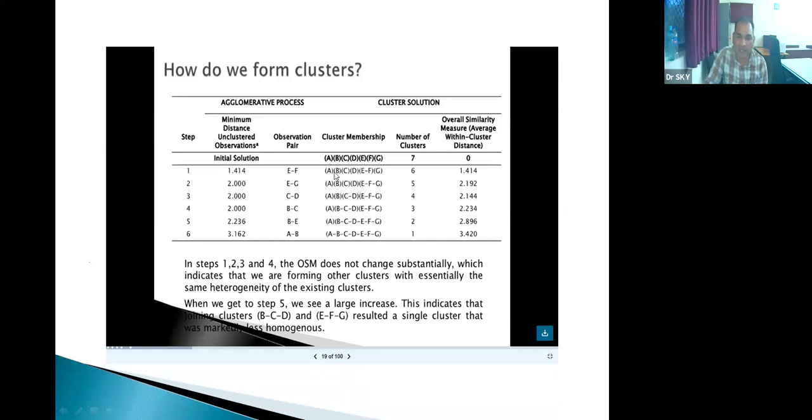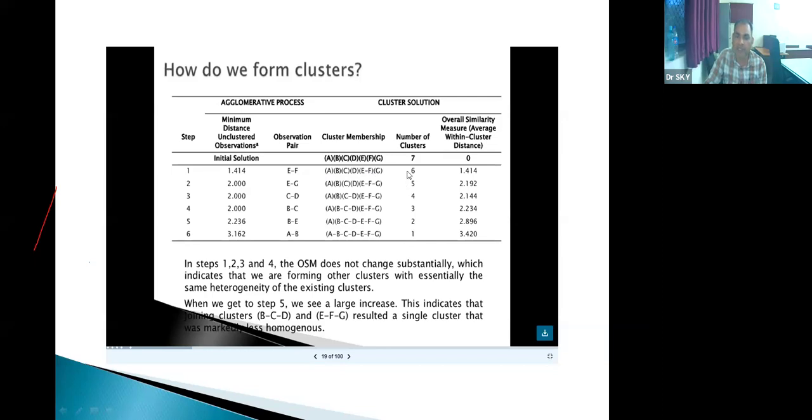So here we can add at the next step that this EF, we have added it at first. Then we can add another cluster having the distance very close to this one, this 1.4, that is 2. So we can add this at that step.